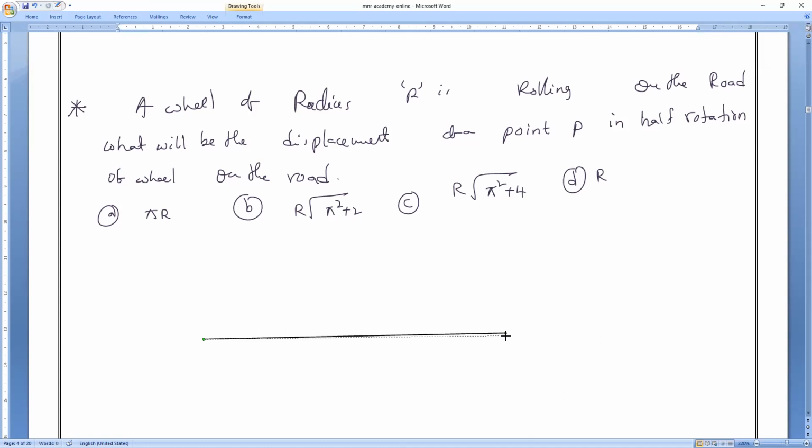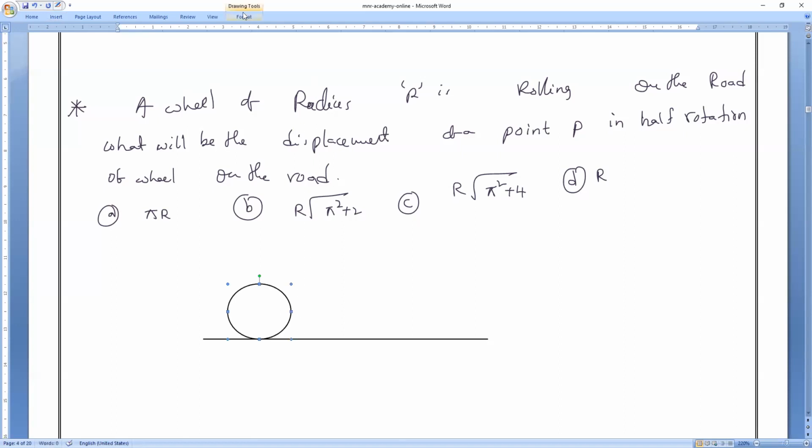This is the straight road. Is it okay, brothers? Now I'm taking a circle having a radius of r, and the point is at P. Check it, everybody. I am making the circle.